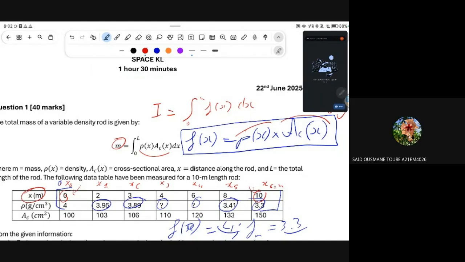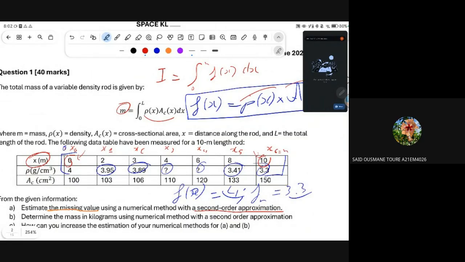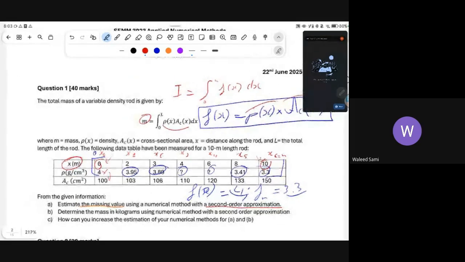It's not a fixed value. For example, f of 0 equals rho of 0 times a of 0, which equals 4 times 100. This is where we got the 400.